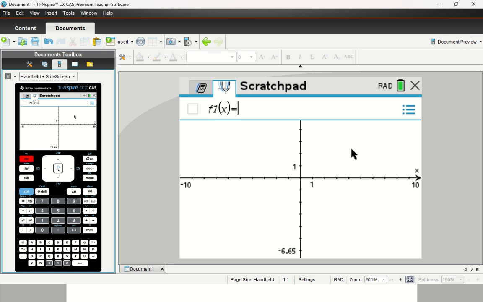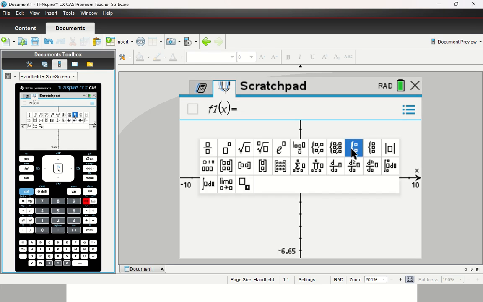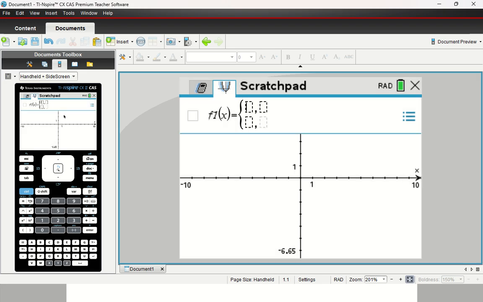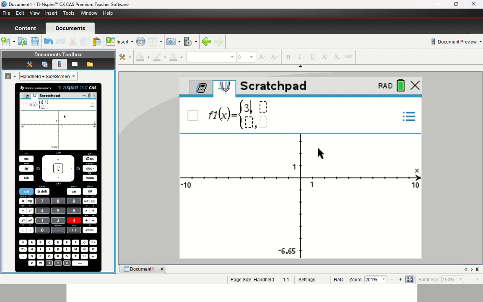All right, so piecewise here, and that's the one I want with the commas, because it's defined somewhere. So my first part was what? 3x plus 1, where x is not equal to, so I'm going to go right here, control equal sign.